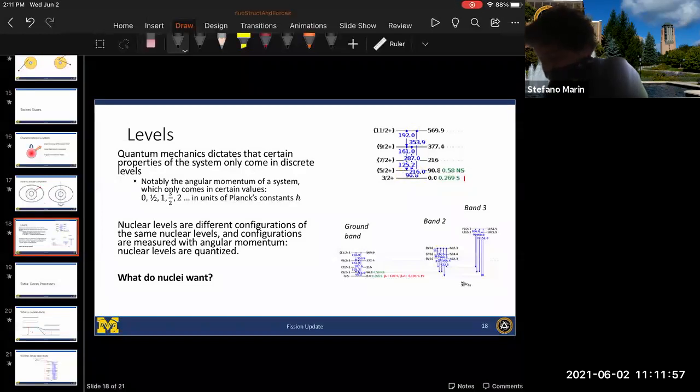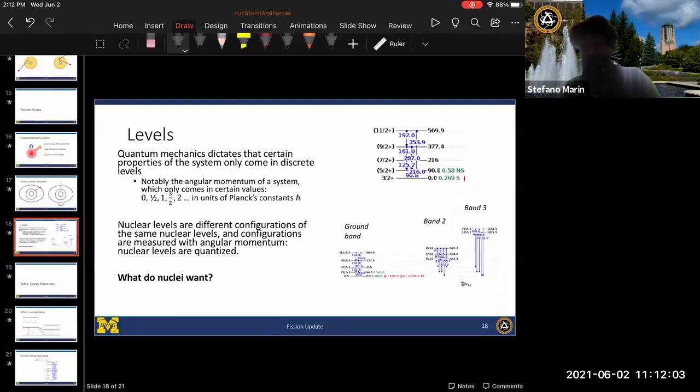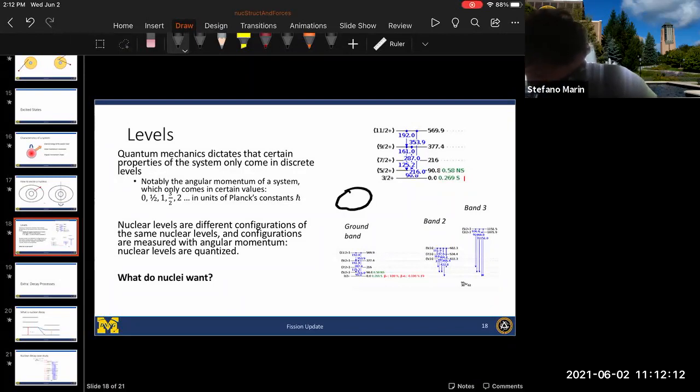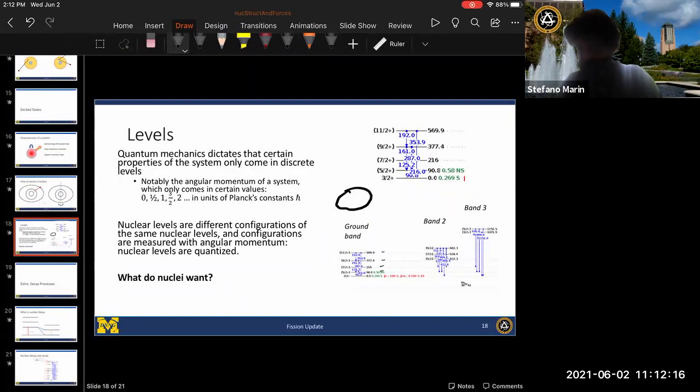And what we see here is actually bands. This may be more advanced. I think maybe even people who have taken some undergraduate nuclear physics might not have seen this kind of discussion. The bands are actually the rotational bands. I have a nucleus and it has a certain shape, and each of these levels here represents a different rotational velocity, if you want, and a different angular momentum of the system.